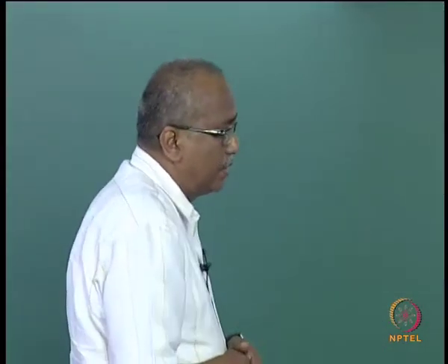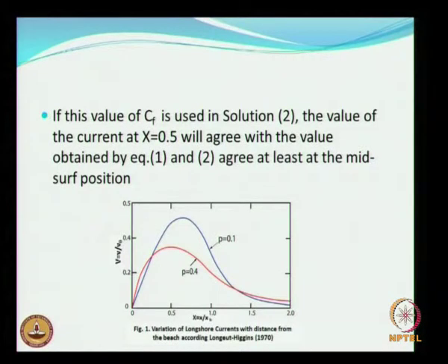So this is a figure which shows the variation of the dimensionless longshore currents as a function of the dimensionless distance from the shore towards the sea.